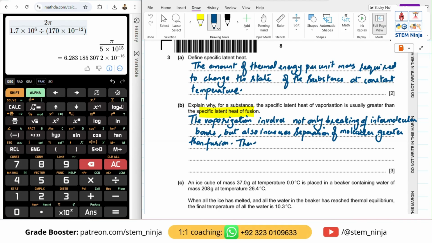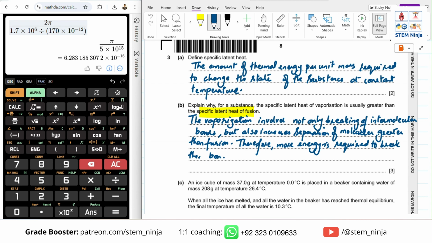Therefore, more energy is required to break the bonds and increase separation of molecules.